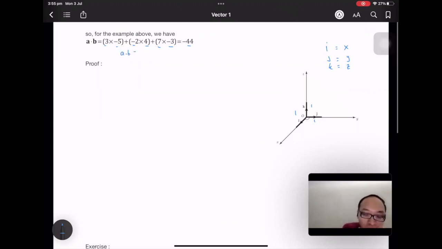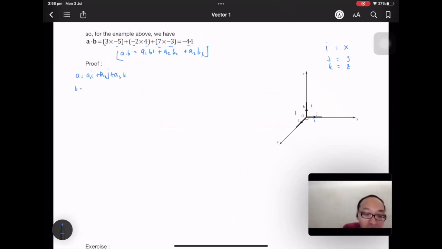A dot B equals A1B1 plus A2B2 plus A3B3. Okay, we will prove this. So again, A is A1i plus A2j plus A3k.